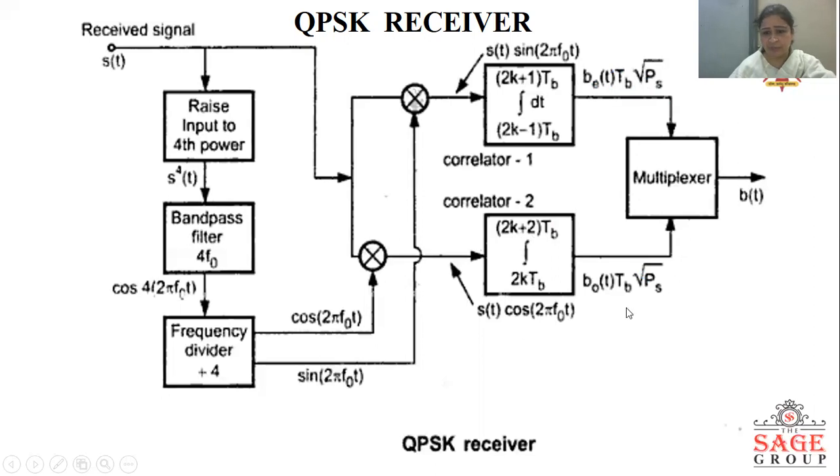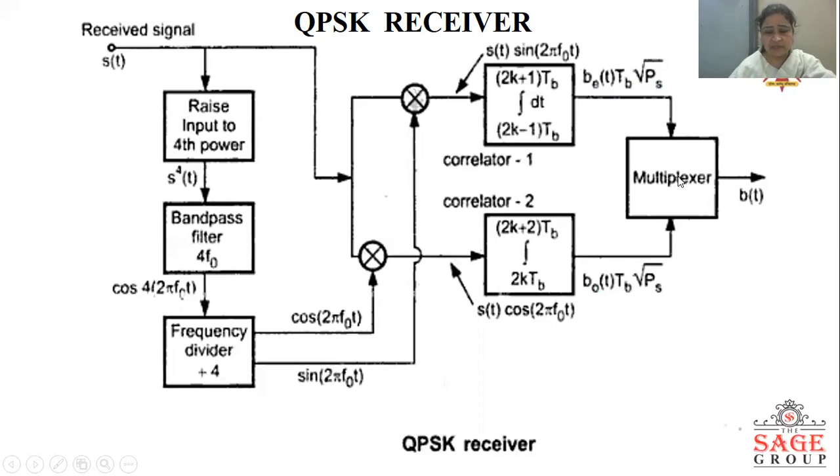Now these two outputs are given to the multiplexer circuit, which takes these two signals alternately. Here Tb is the bit period, which has a fixed value, and Ps is the power of the signal, which again has a fixed value. So the values which change, which represent the signal, are b_e(t) and b_o(t), where b_o(t) means odd bits and b_e(t) even bits.